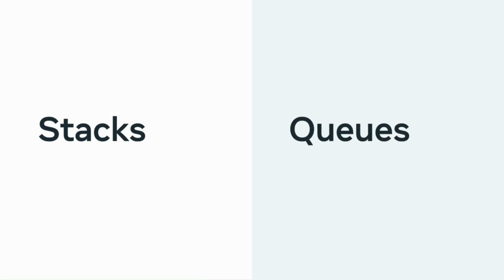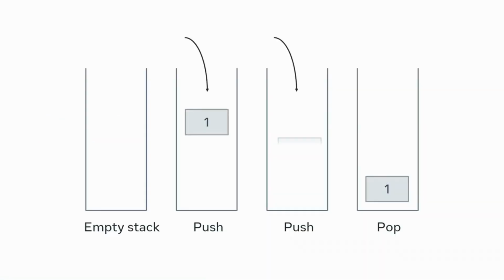The unique principles that are common to both are how elements are added and removed. You learned that stacks and queues employ sequential access and use the empty stack, push, and pop methods to add and remove items. You also learned about the FILO first in, last out, and FIFO first in, first out principles.